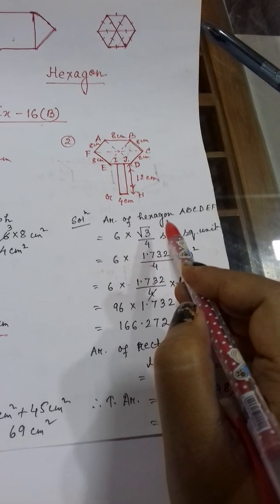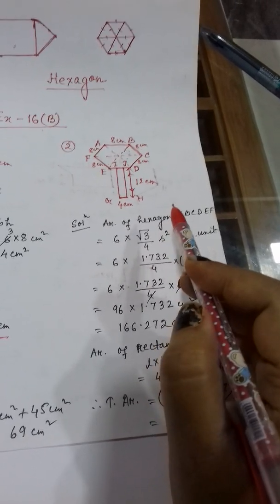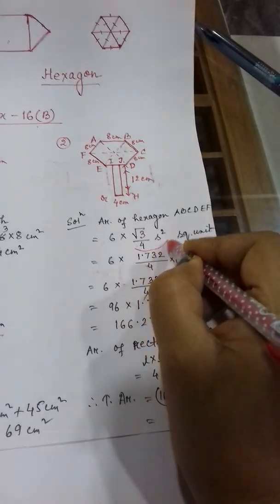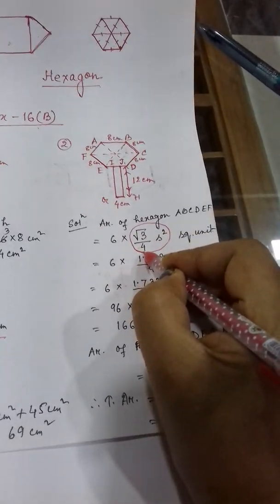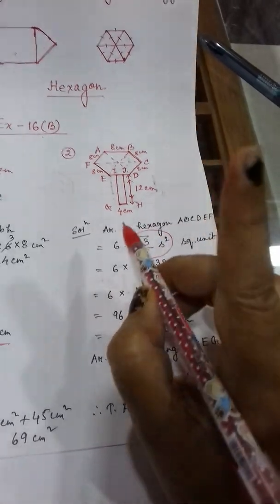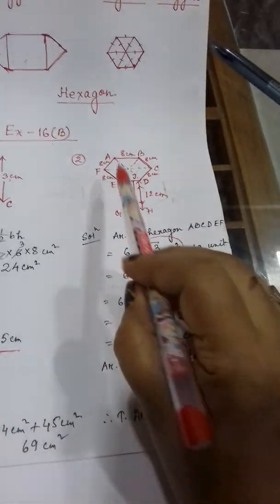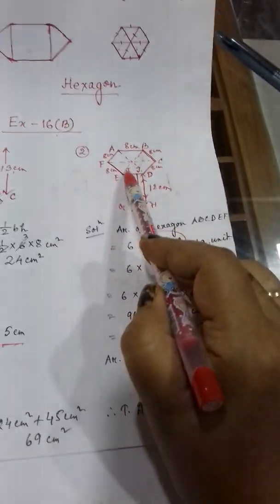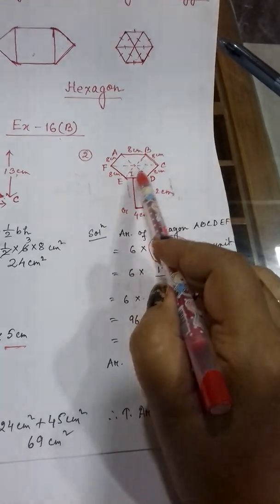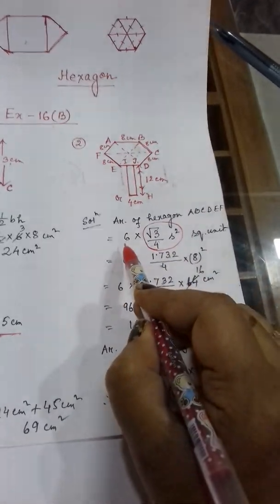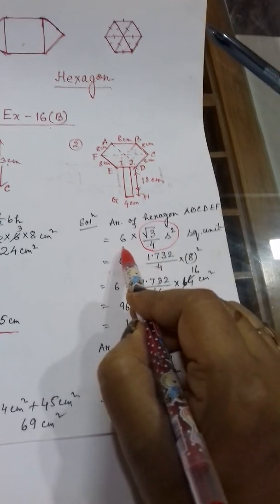Area of an equilateral triangle, that means one equilateral triangle area formula is only this one, root 3 by 4 into a square. Clear? It is the area of one equilateral triangle, but here total how many equilateral triangles it has formed? 6. So if you have to find out the area of 6 equilateral triangles, then what you will do? You will multiply by 6.